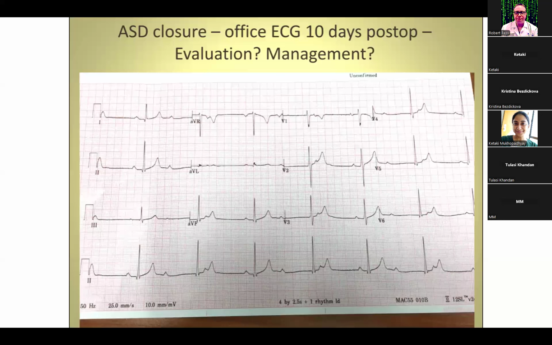But in actuality, the person who submitted this case said they started steroids on this patient and saw resolution within, I think, 48 to 72 hours. So definitely when you have an acute injury in the cath lab to the AV node, we do tend to give steroids.